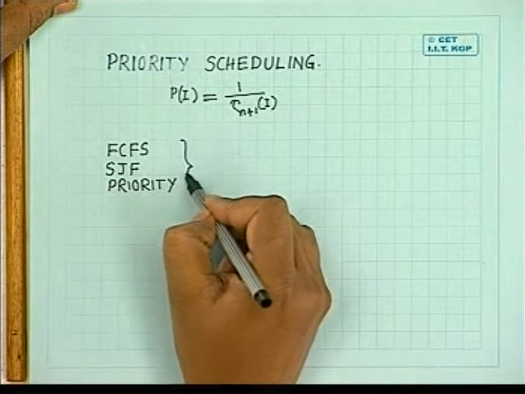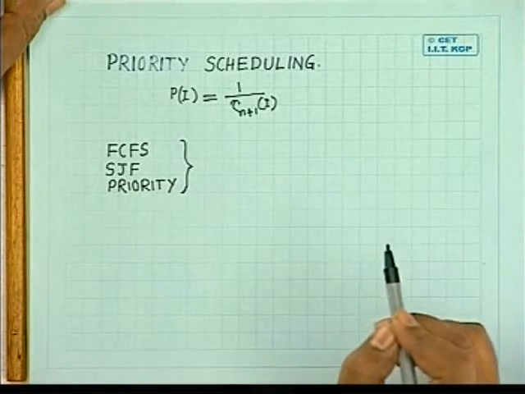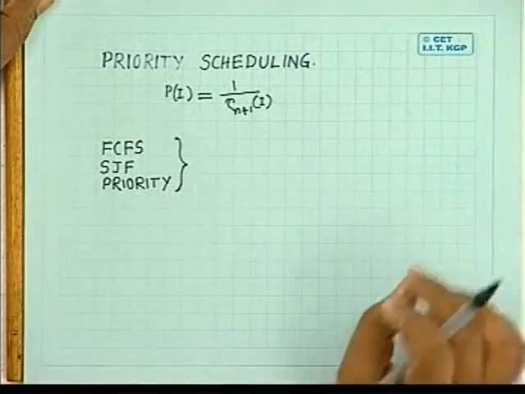In these scheduling techniques, you must have noticed one thing, that we have assumed that once a job is given to the CPU for execution of its next CPU burst, the CPU cannot be taken out of that job until and unless that particular CPU burst is complete. That means the current CPU burst must be complete before allocating the CPU to the CPU burst of any other job.